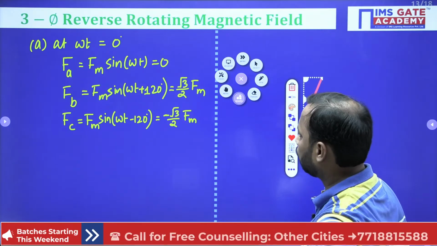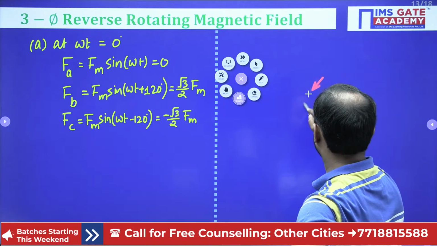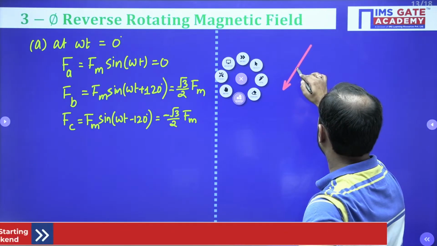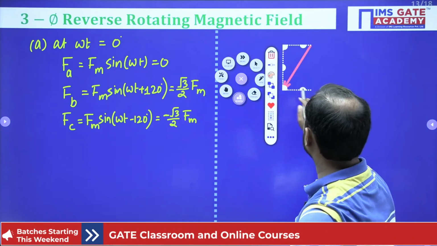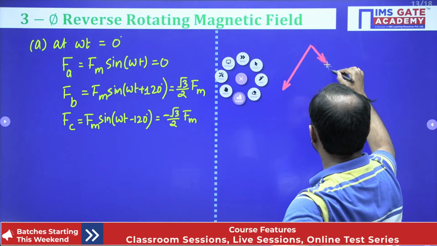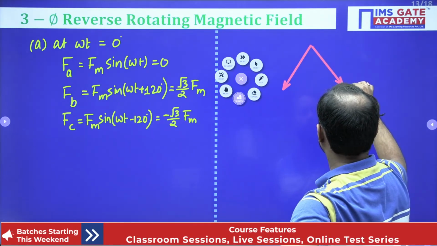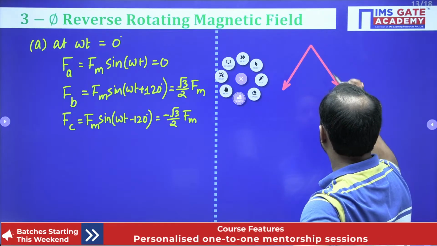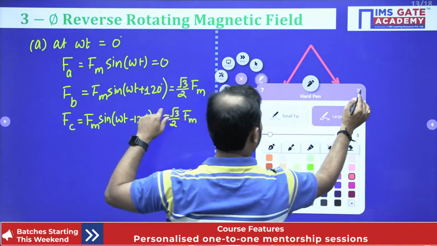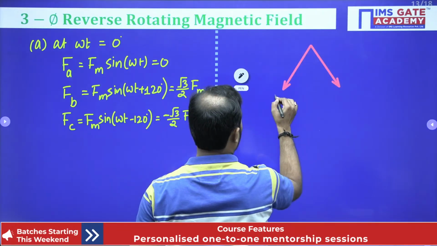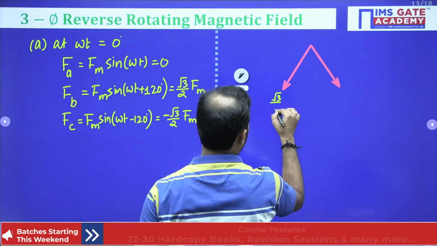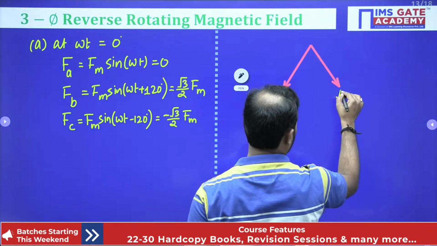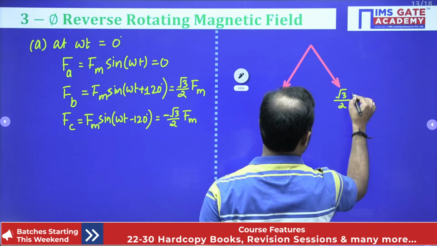FC is negative, so it is in this direction. So this is root 3 by 2 FM due to FB, and this is the same value, root 3 by 2 FM.